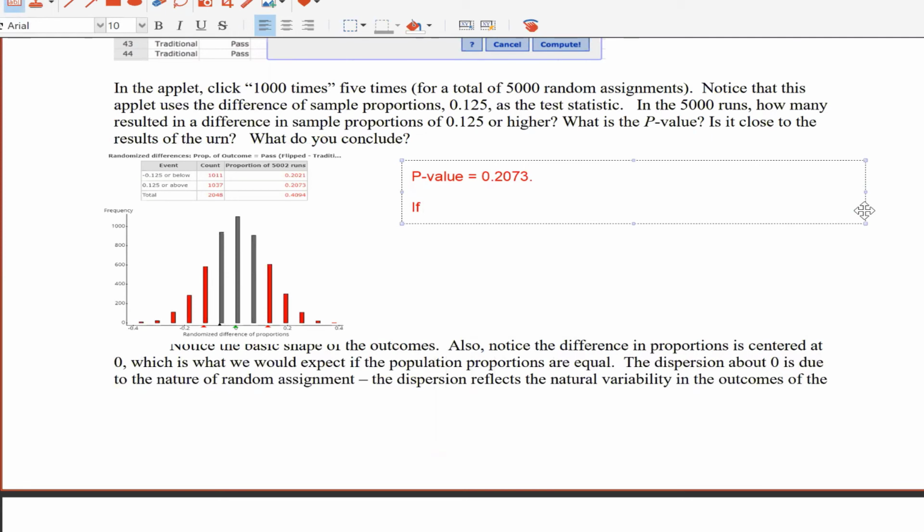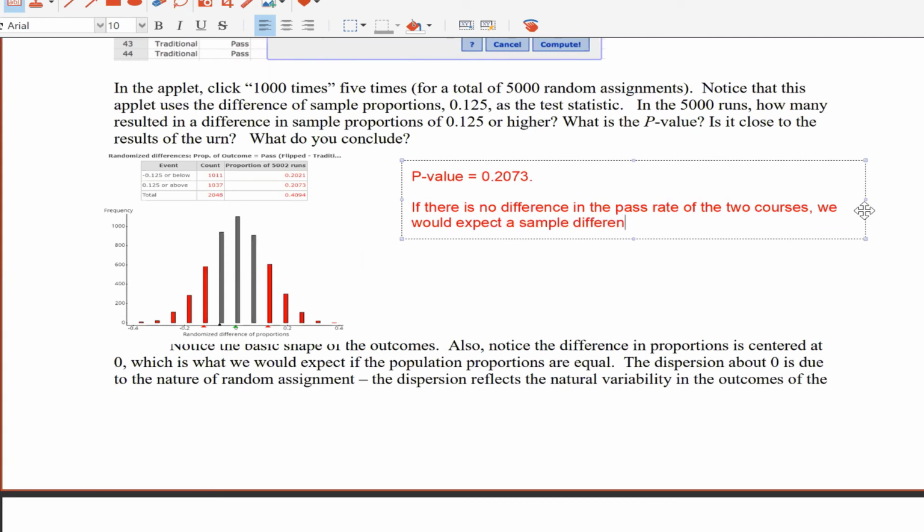And so we would say if there is no difference in the pass rates between traditional and flipped, we would expect a sample difference in proportions of 0.125 or higher in about 21 of every 100 repetitions of this study.